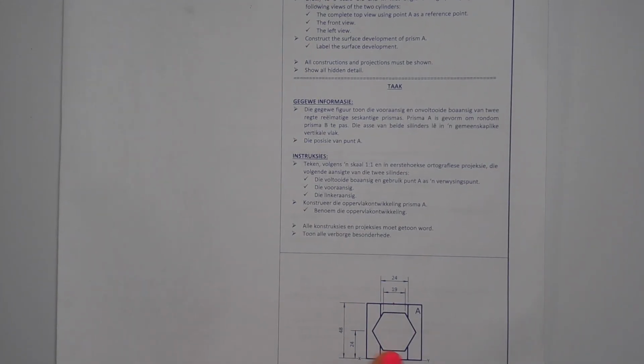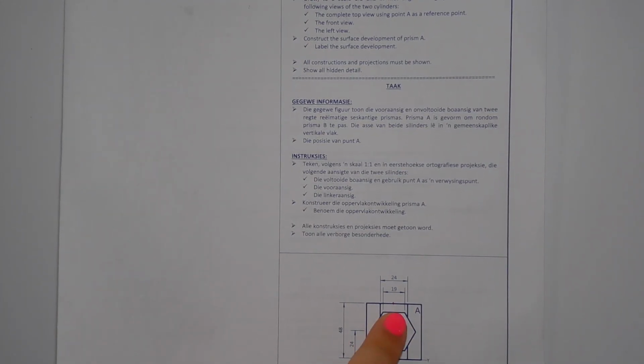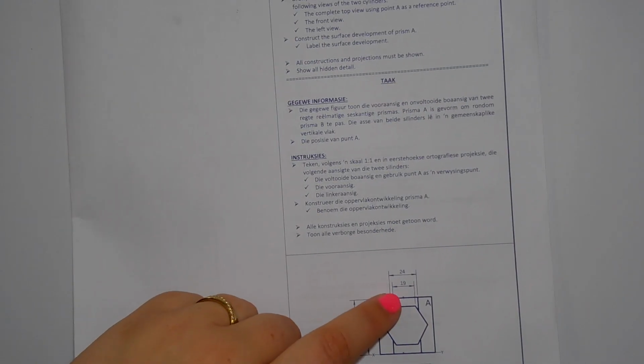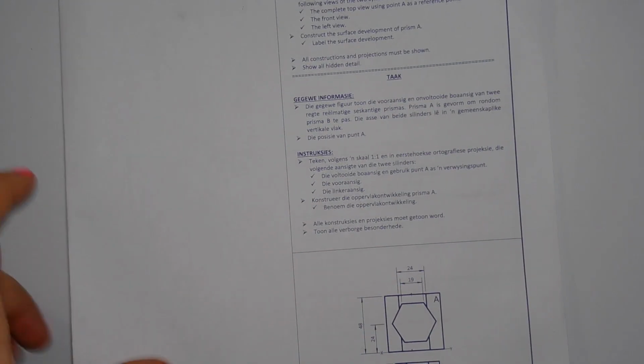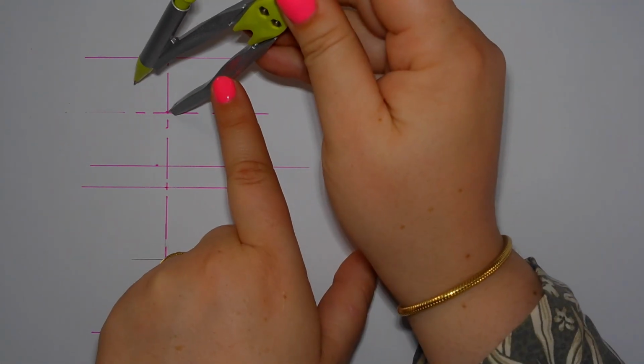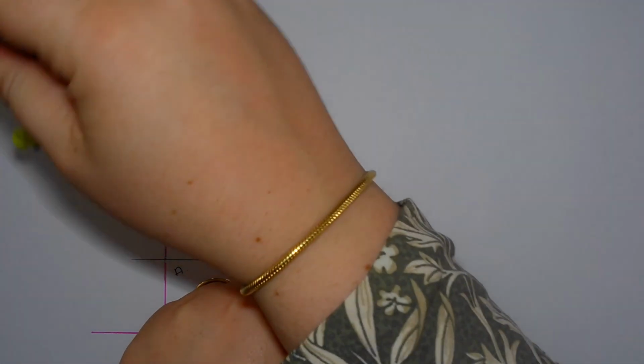In the middle of the shape, we have a hexagon. So the hexagon has a side length of 19. So I'm going to put 19 on my compass, and I'm going to draw a circle.